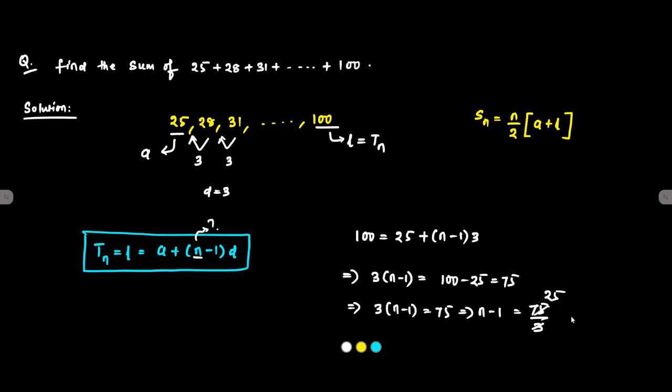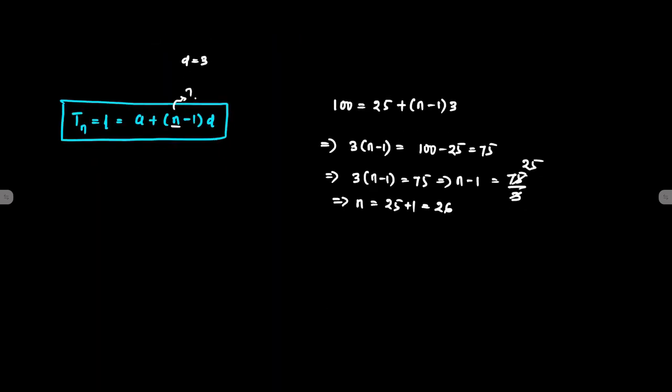That implies n is equal to 25 plus 1, which is 26. So the total number of terms present in this arithmetic progression, starting from 25 to 100, is 26.